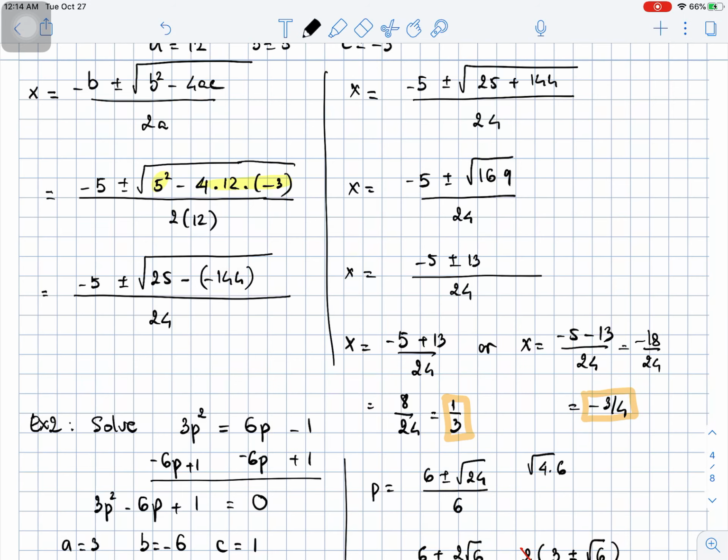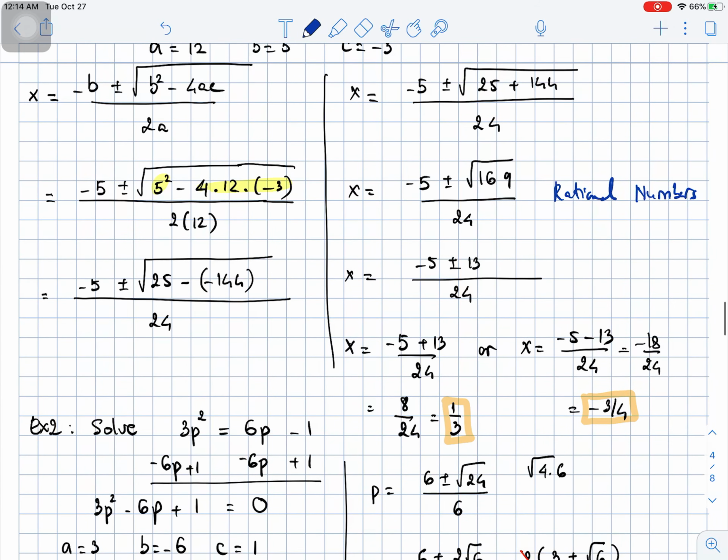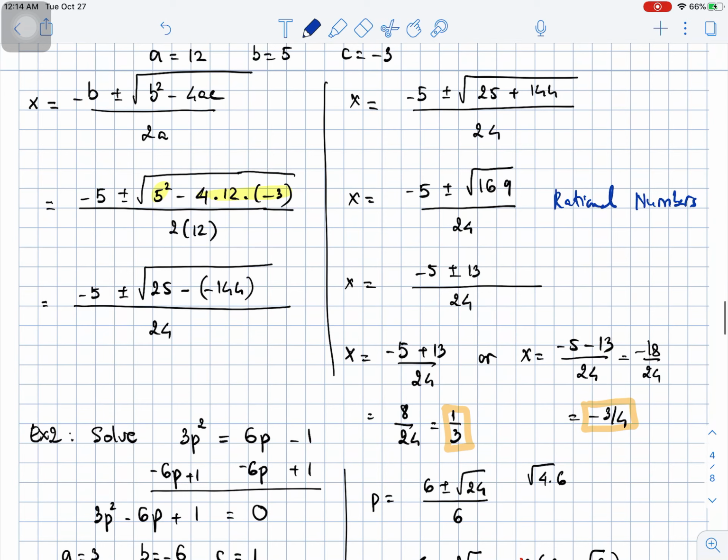So we go back to all of the examples above, then we give the name for each case. Now let's go to example number 1. We look at number 1 and look at the answer for x. We got the answers 1/3 and negative 3 over 4. And what is the name of this? This is rational numbers, right?